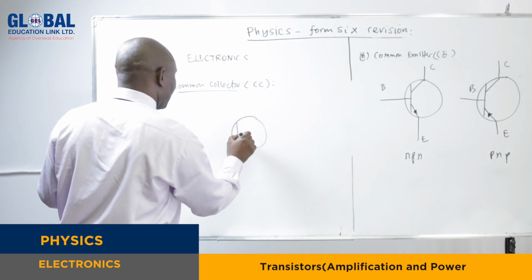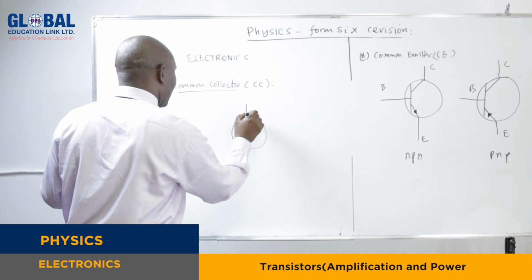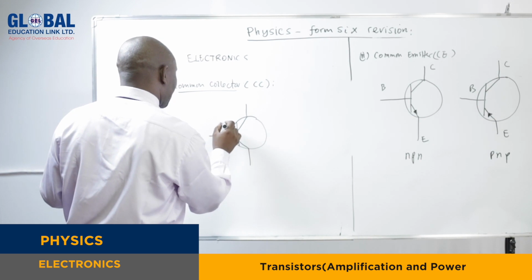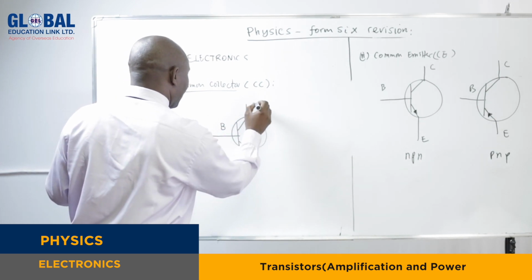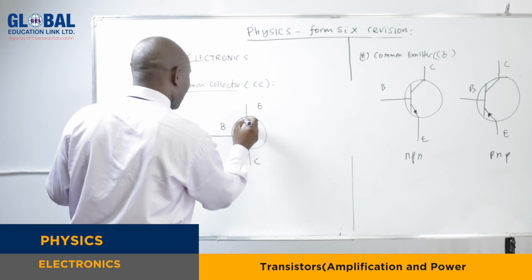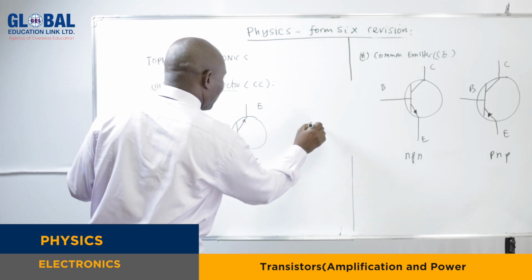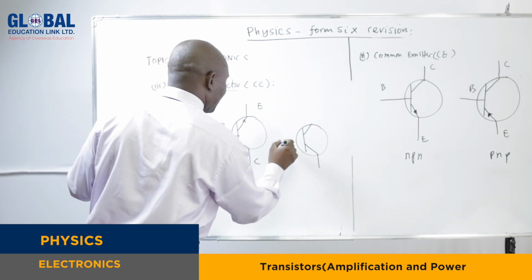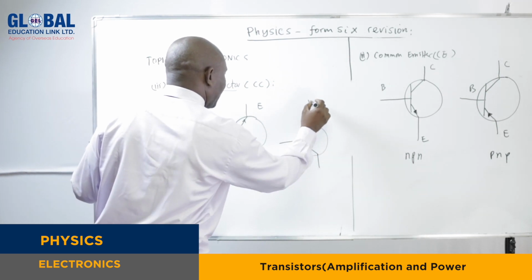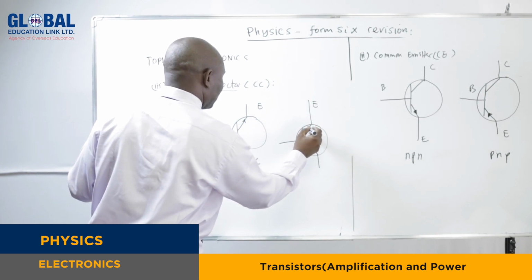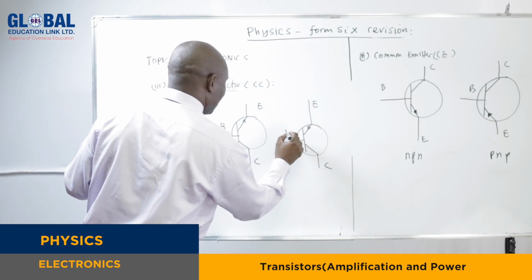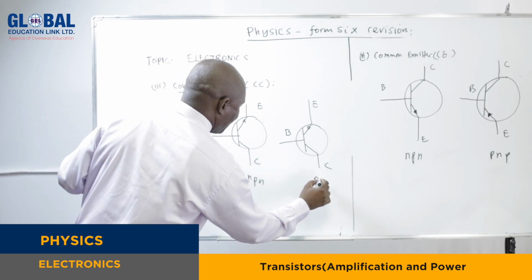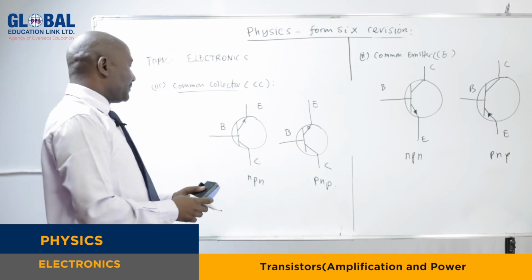Same arrangement. This time we have a base, our emitter here, and this collector. So you can talk of NPN or PNP: E, C, B for the NPN, and this is the PNP.